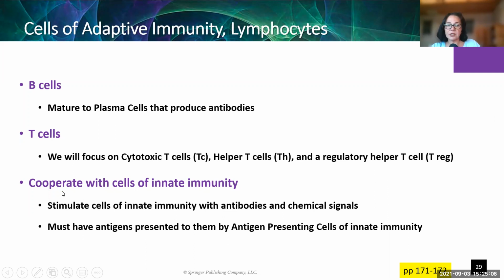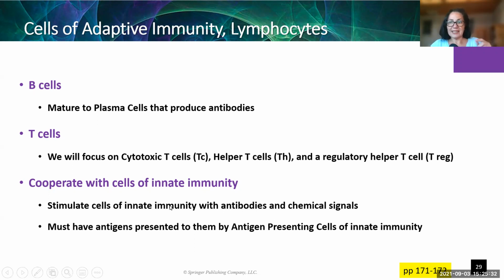All right, I did mention that there is cooperation between the cells of inflammation and the cells of adaptive immunity. One of the ways that they cooperate is through the cells of innate immunity. Remember macrophages and neutrophils, they're phagocytes, they eat other things.